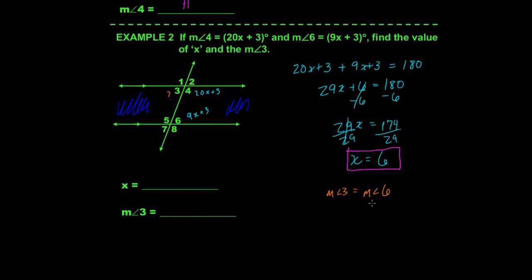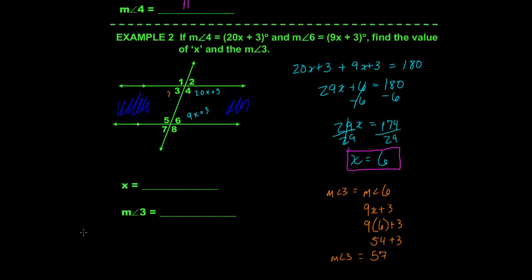Angle 6, we can write down over here as our 9x plus 3. So it's 9 times 6 plus 3. 9 times 6, 54 plus 3. The measure of angle 3 is going to equal 57.